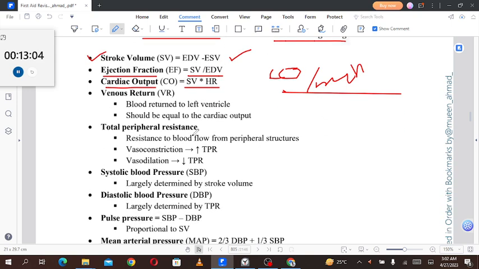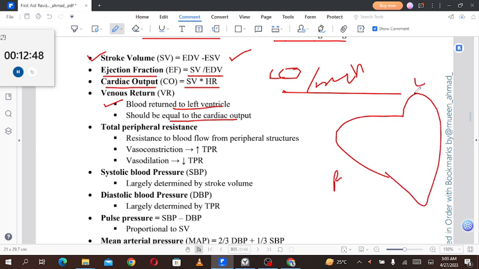What is venous return? The blood returned to the left ventricle should be equal to the cardiac output. So the venous return is the total amount of blood that is returned to the left ventricle. That is very interesting because the blood normally returns to the right atrium, but let's draw a heart over here. This is the right side, this is the left side. The superior vena cava is over here and the inferior vena cava is over here.